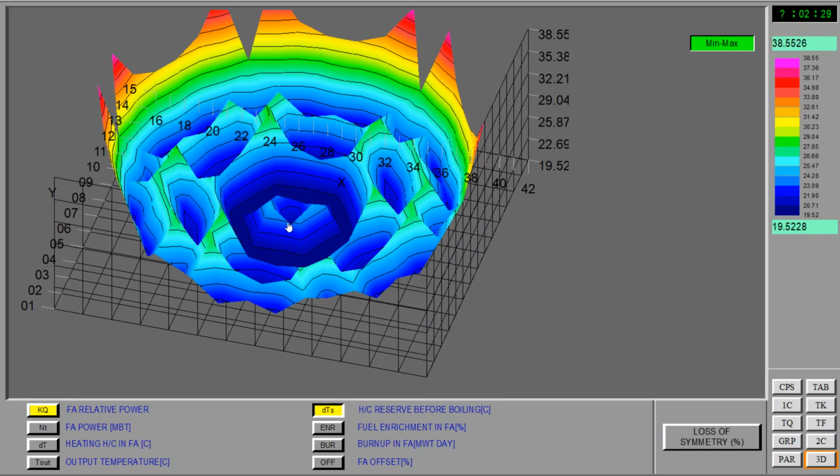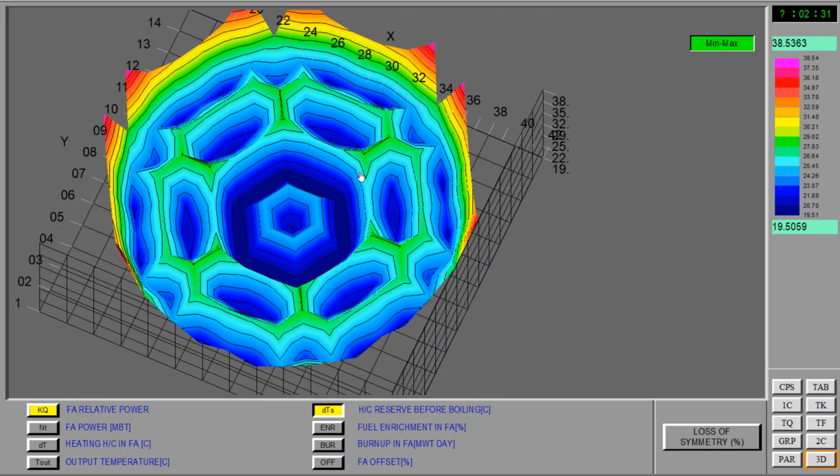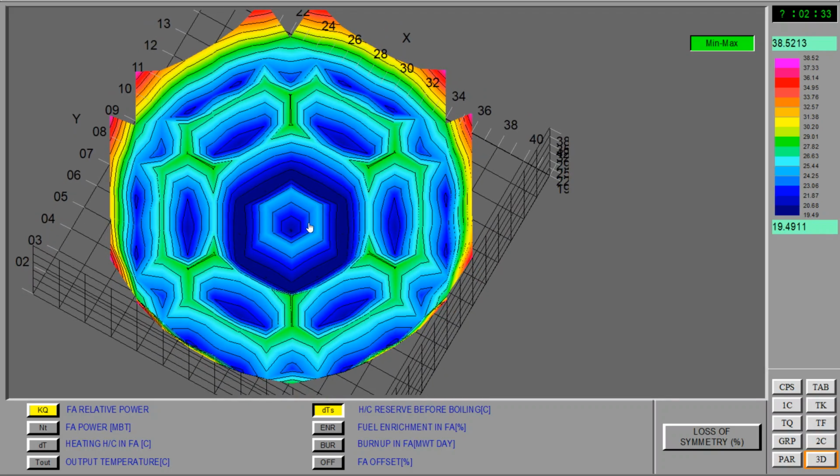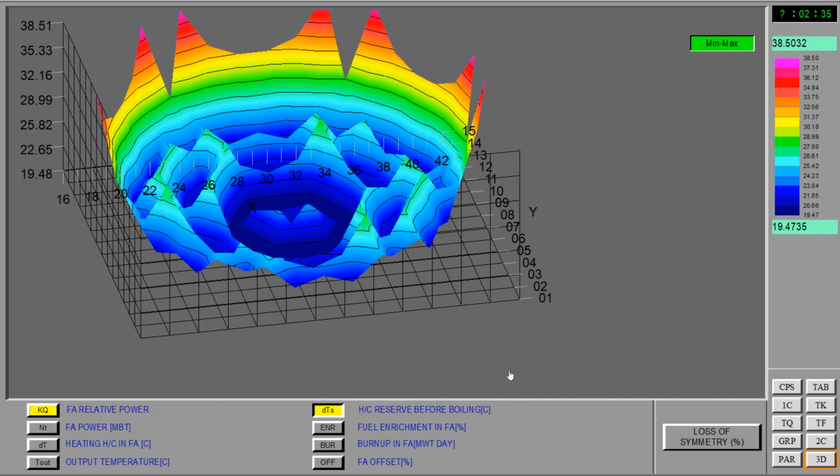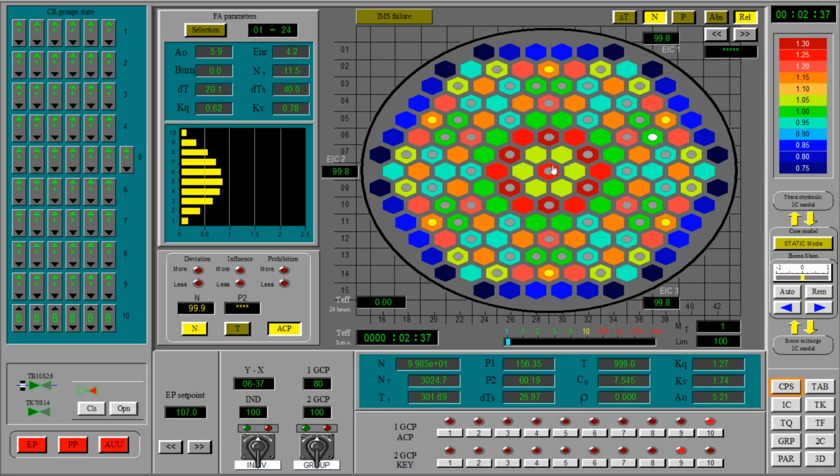I'm not sure whether to check the central rod or this perimeter, like 2 rods away. Probably I will check this perimeter. Yes. So I will take this rod here, select. What about this? 19. Okay, so this fuel element here is 19, and this fuel element here is also 19.